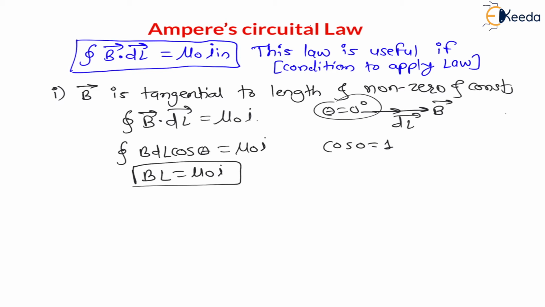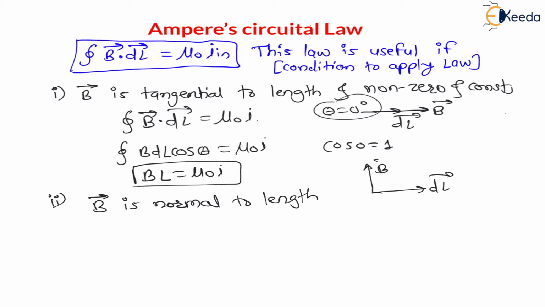This remember, right? The second very special condition is if B is normal to the length at each and every location. Normal means perpendicular to the dl, means let us say this is the dl direction and this will be the B direction. So my dear students, the angle between them is 90 degree.